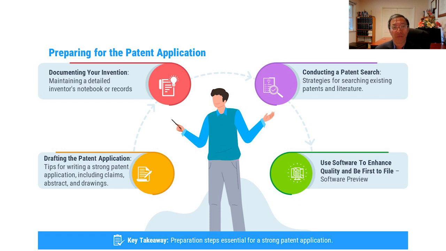The PCT also provides flexibility in national phase entry. You can choose specific countries for national filings based on your business needs. With the PCT, it enables you to engage with local patent attorneys for navigating specific national requirements.